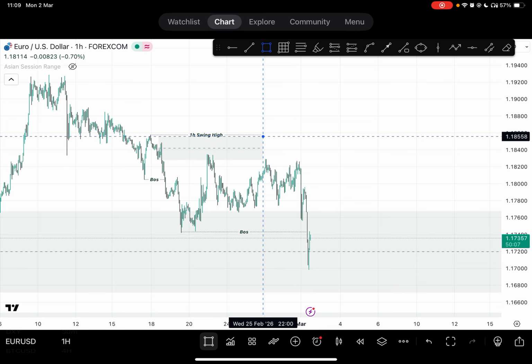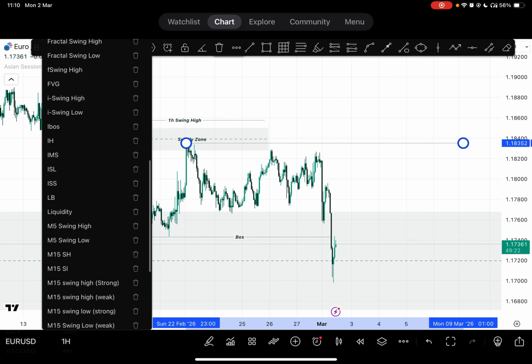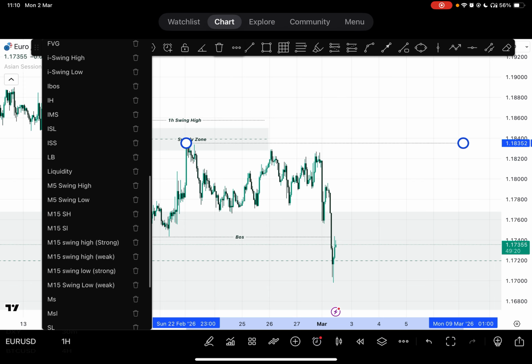So this one time frame is just the intraday time frame, to know where the current market structure is at and what we are looking for, right?